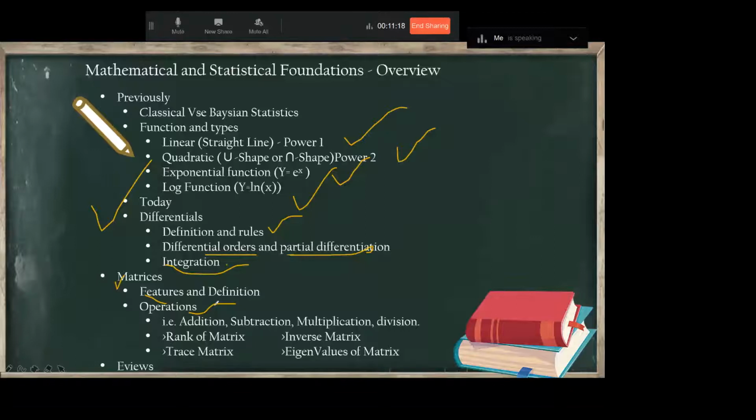Then we will also learn some properties of matrices: what is the rank of a matrix, what is the inverse matrix, what is the trace, what are the eigenvalues of a matrix. If we have time, we will try to cover this in today's class, but in the last 10 minutes we will learn about E-Views.